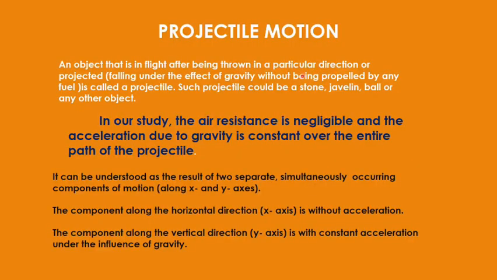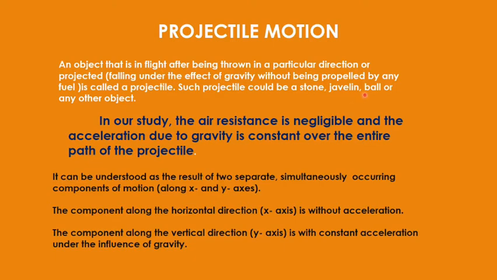Projectile motion: whenever we throw any object in any particular direction, but the condition is that the body is made to fall under the effect of gravity only. It means we are not using any fuel. We are simply throwing a ball, a stone or any other object, like you can throw your piece of chalk.